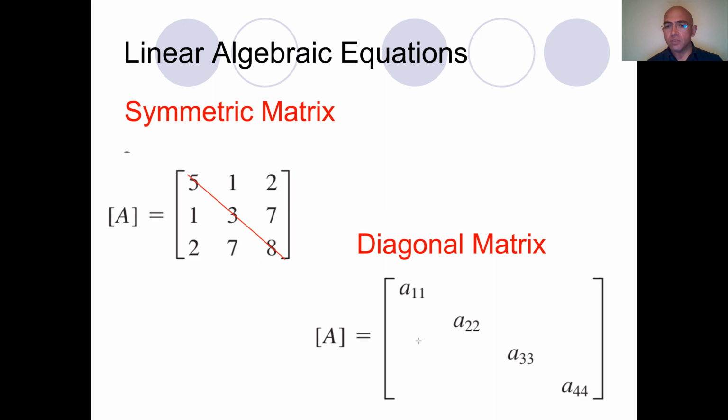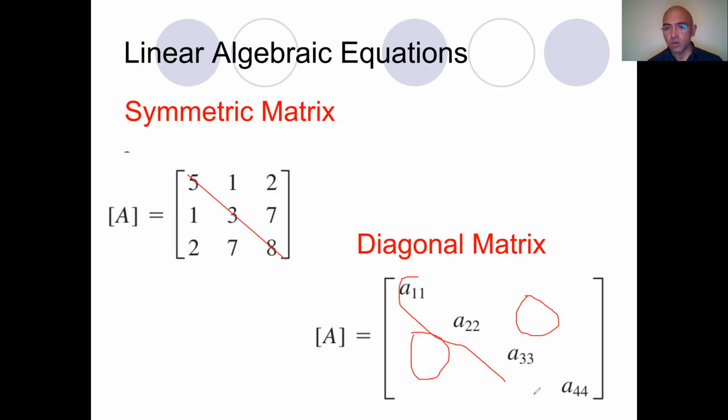Okay, how about the diagonal matrix? Generally, we represent the 0 members with empty. So let's look here. All the elements in this region are 0. For example, A2,3 is 0, A2,4 is 0, A1,2 is 0, A2,1 is 0, A4,1 is 0, and so on. All the members are 0, and the only non-zero values are the values which are on the diagonal of the matrix.